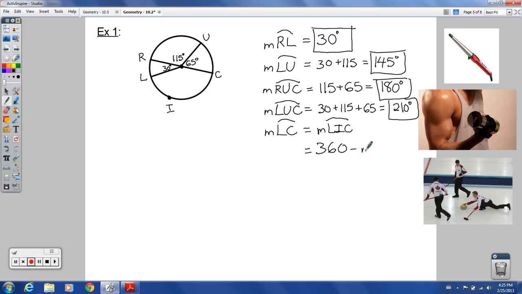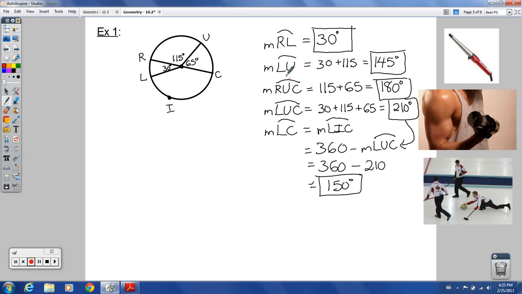And so this is the same as 360 minus LUC, that arc. We just figured that out right up here, 210. So 360 minus 210 would equal 150 degrees.